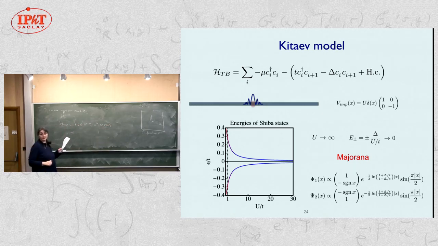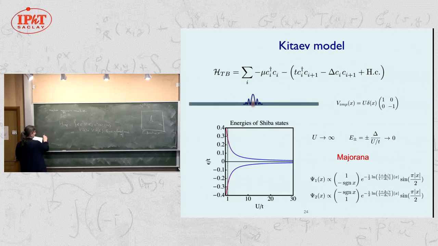So that's the form of my impurity potential. It's a density potential, so I'm adding like a local chemical potential, which is very large. And this V of R, in order for this problem to be exactly solvable, is a delta function potential. So I have an impurity which is localized at the origin.